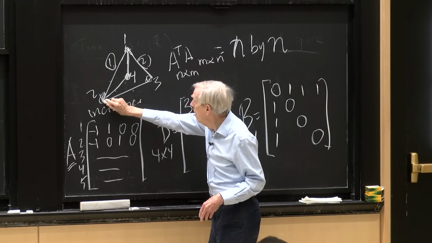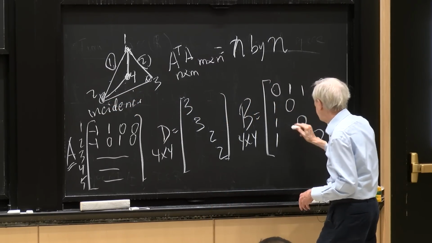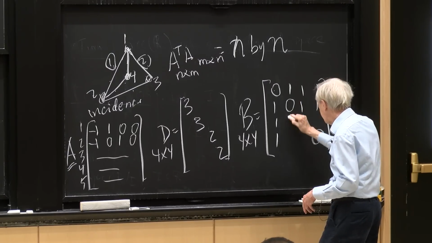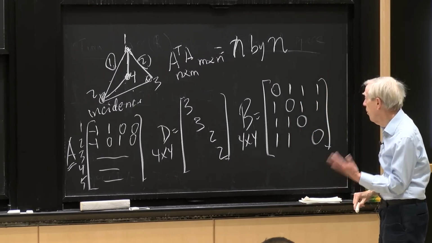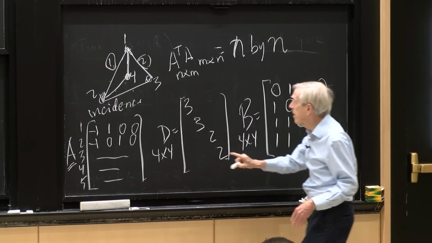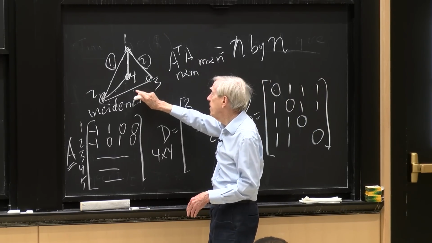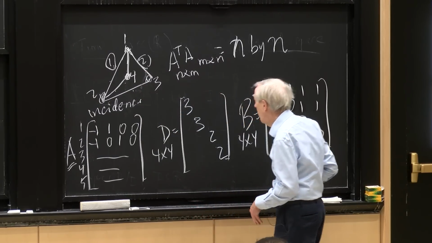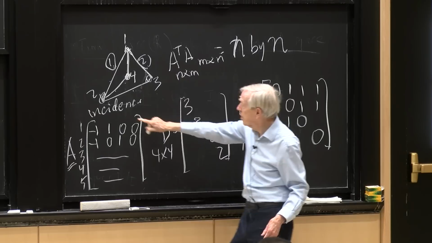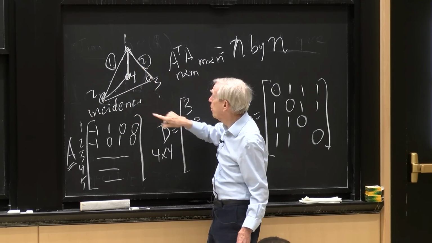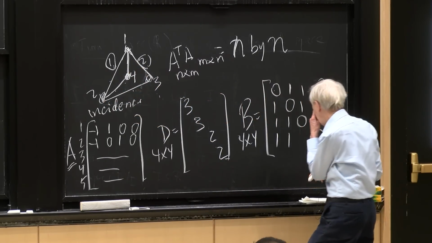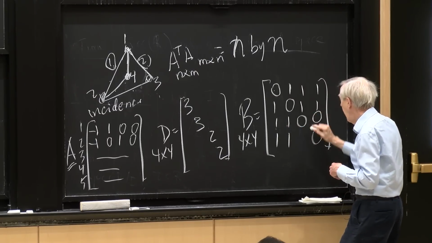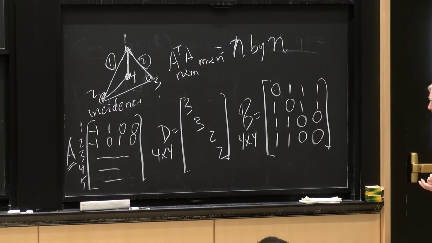Node 2: all 3 nodes are connected to node 2, so the second column and row will have all 3 1s. How about node 3? Only two nodes are connected to 3, 1 and 2, but not 4. So 1 and 2 I have, but not 4. Okay, so that's the adjacency matrix. Is that right? I think so.